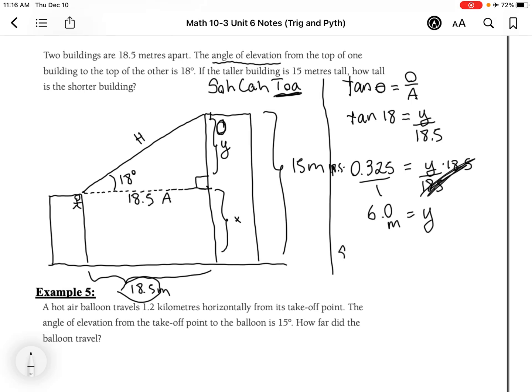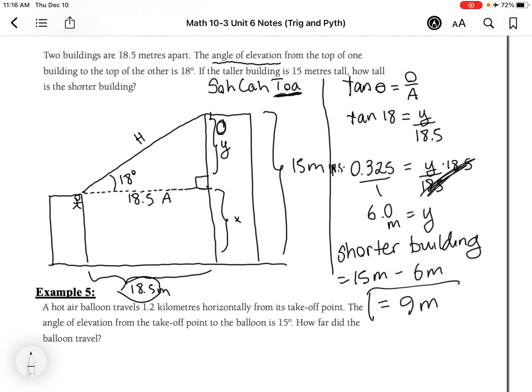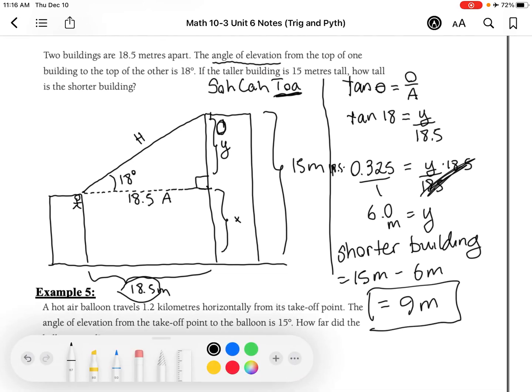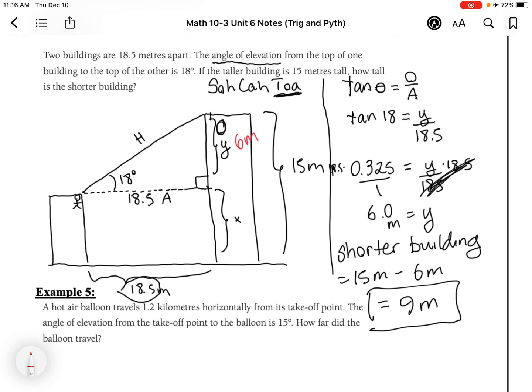Or the other way that you could think about it is it's the difference between the two. 15 meters minus 6 meters, which is 9 meters, right? And maybe I'll just switch colors. So if this is 6 meters, this has to be 9 meters because 6 plus 9 equals 15.